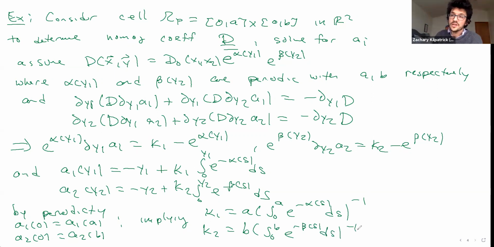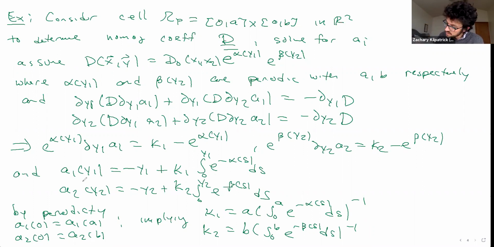Okay, so whereas before we got this from a boundedness condition when we weren't dealing with the periodic case, but here we have periodicity within the cell, and so we're essentially using that in order to specify our constants here in our equation.